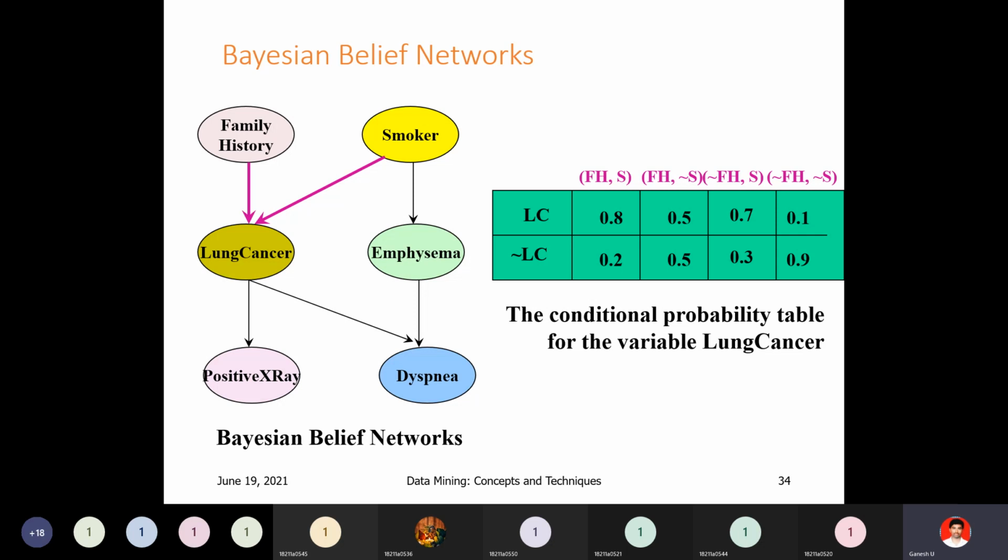See here, family history is one variable, smoker is one variable. If family history and smoker are both true, then that leads to lung cancer.